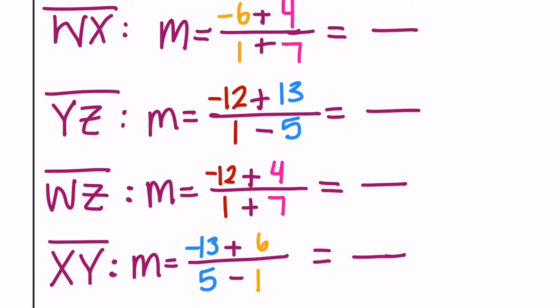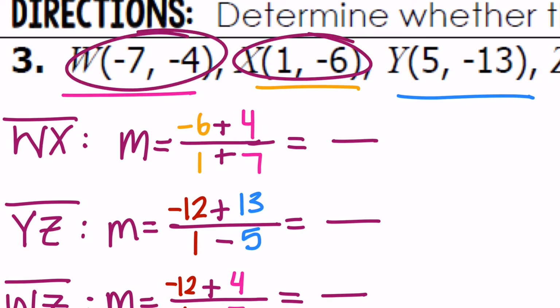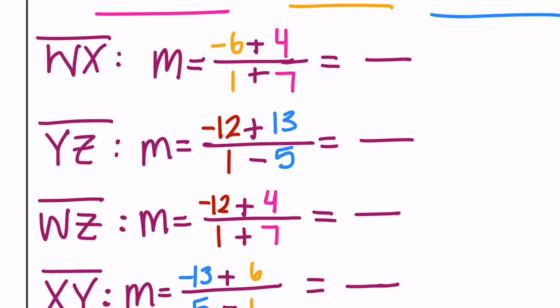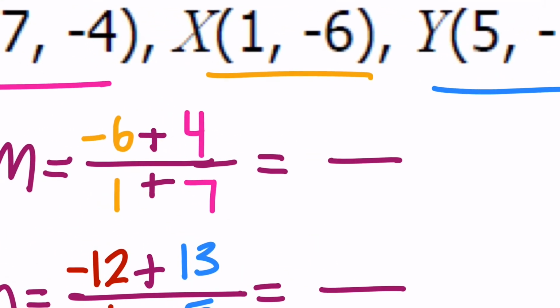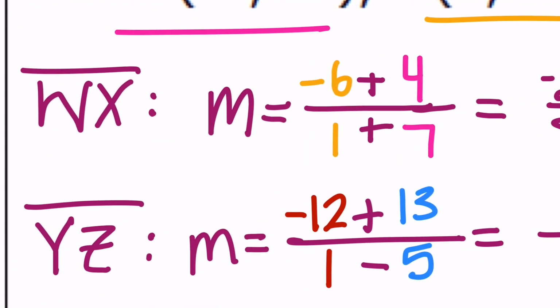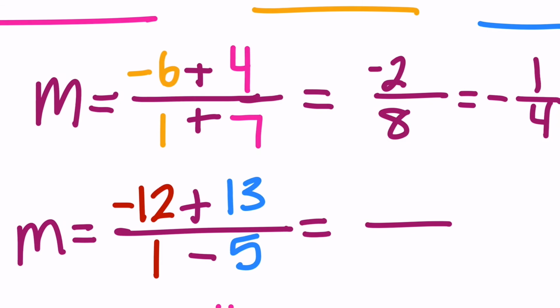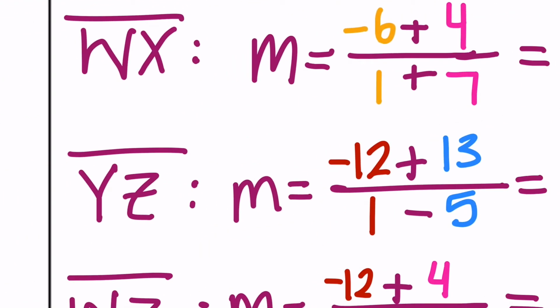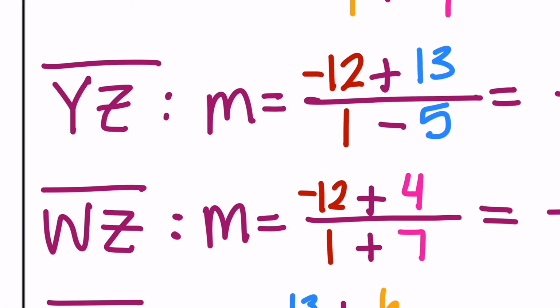So for WX, I'm taking my points W and X. I am plugging those values into my slope formula. So negative 6 plus 4 gives me -2. And then 1 plus 7 gives me 8, which I can then simplify down to -1/4. So the slope of WX is -1/4. Then I want to look at YZ.